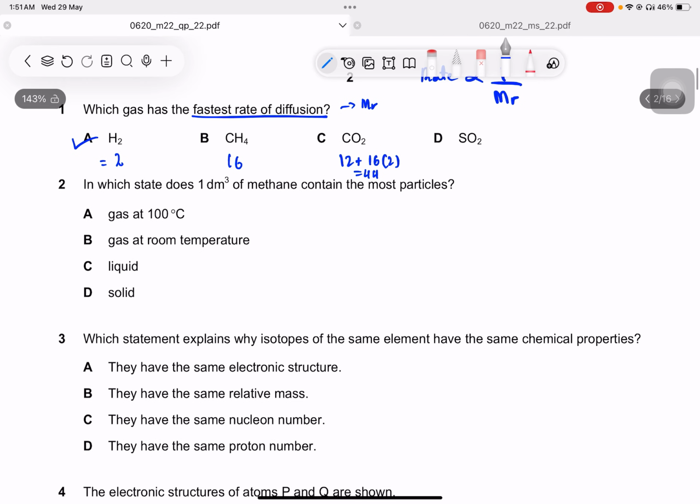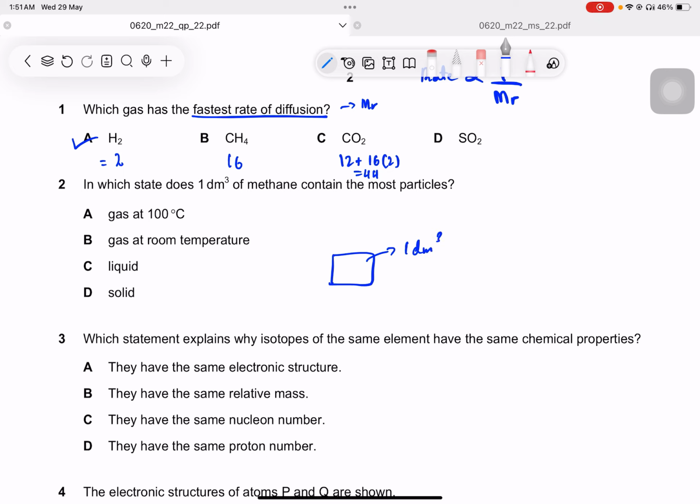Next, in which state does 1 dm cube of methane contain the most particles? As a gas at 100 degrees Celsius, as a gas at room temperature, as a liquid or a solid. Suppose this is 1 dm cube.